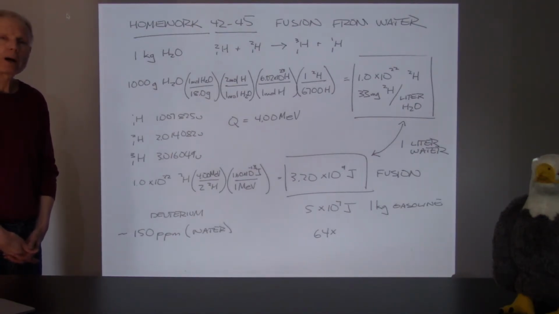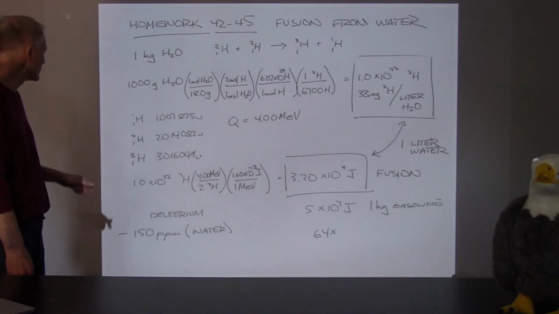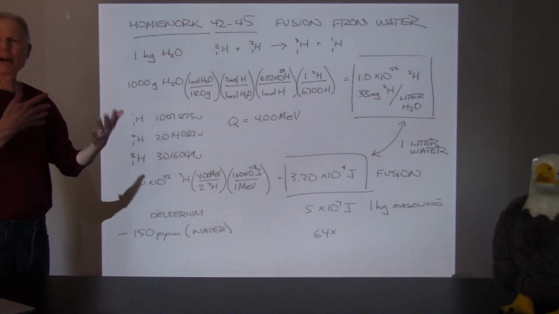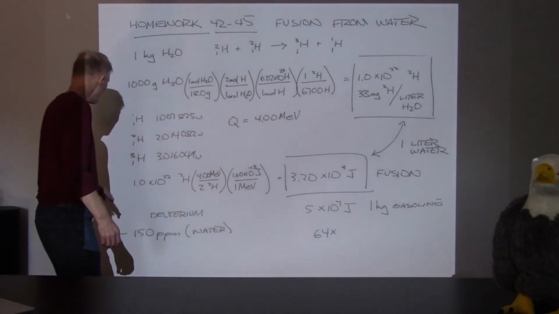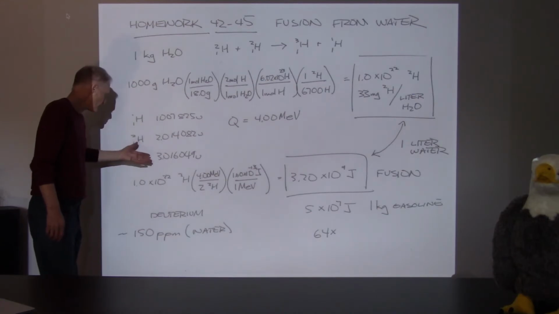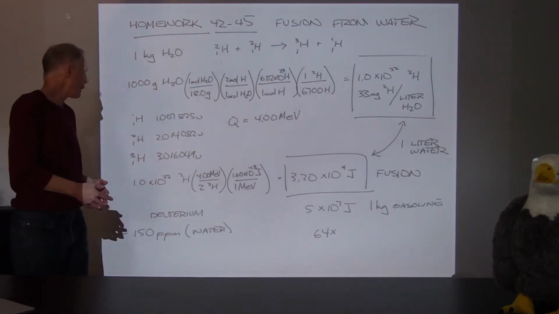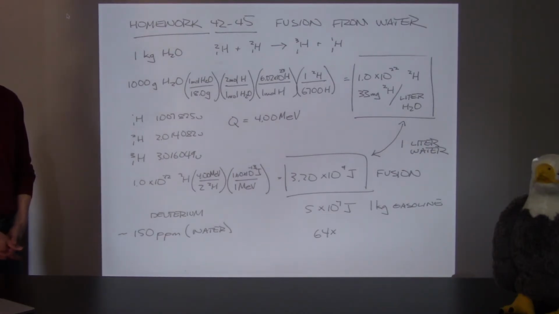If you look at other hydrogen-containing compounds on Earth, the parts per million varies by a fair amount. Some of those abundances are about half this, and some are higher by some amount. But for the naturally occurring water on Earth, the number I kept seeing was 150 parts per million. So that's what I went with.